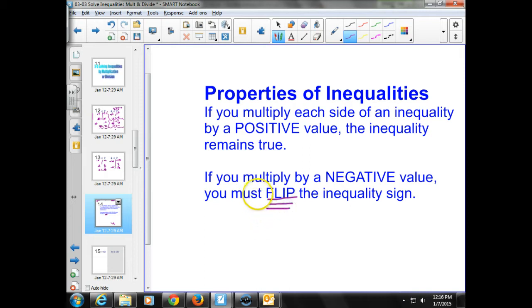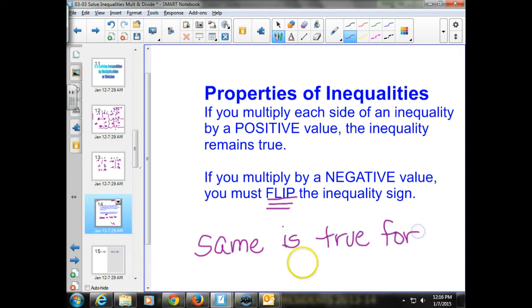Okay? The same is going to be true when you divide. So we can come down here and say, basically, the same is true for division.